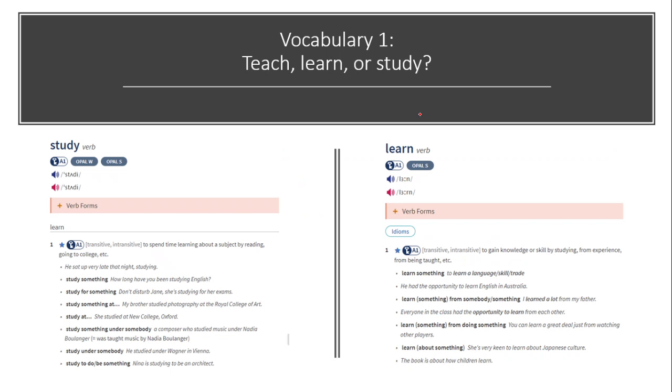Now let's see the difference between study and learn. Remember, when you want to expand your vocabulary, when you want to learn about new vocabs, I always ask you to use the dictionary. Make friends with the dictionary, and not just any dictionary.